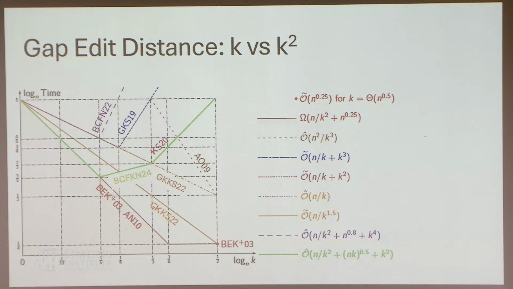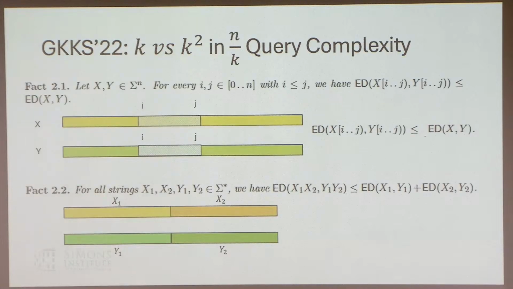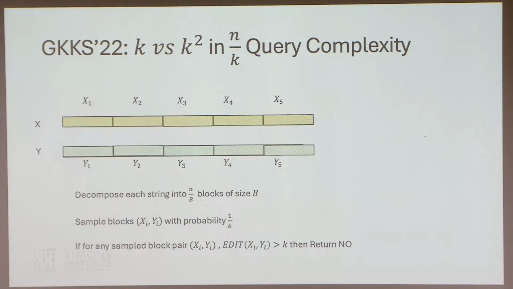We are not looking at the string at all. So what we are going to do here, we'll take these two strings and break them into blocks. We'll sample some of the blocks and compare the edit distance among these blocks.